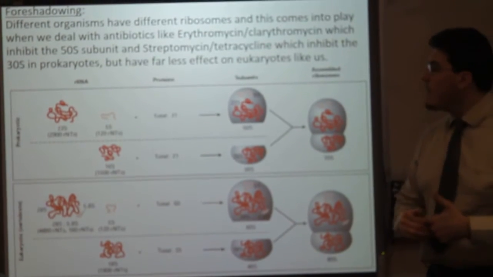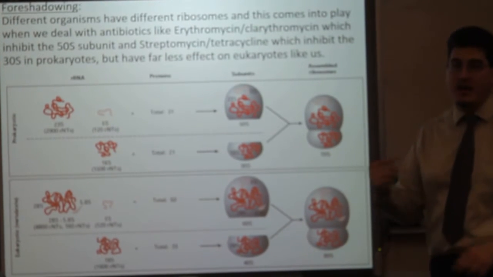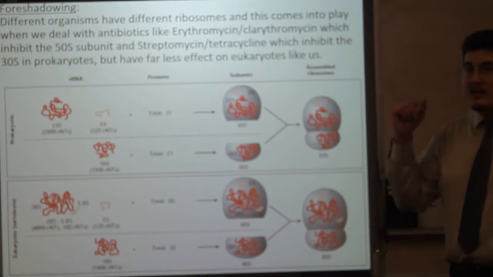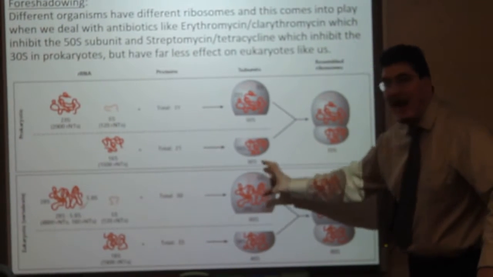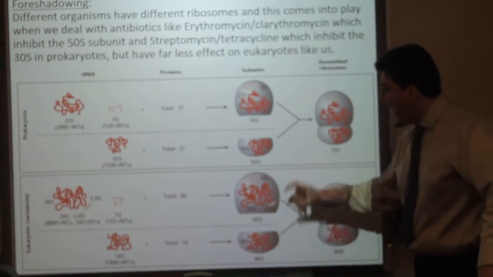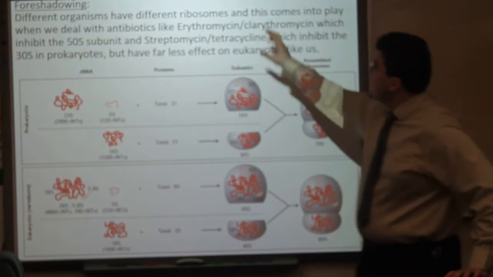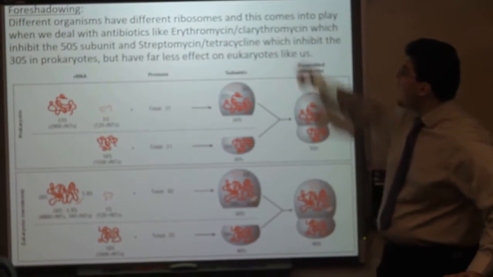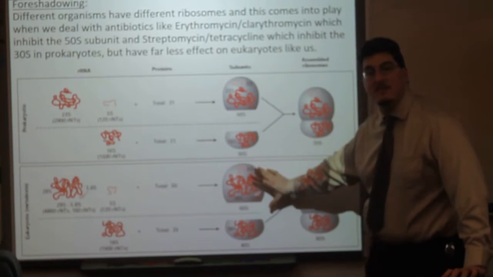These are small ribosomes compared to our 80S ribosomes in eukaryotic organisms. Eukaryotic cells have 80S ribosomes, which have a 60S large ribosomal subunit and a 40S small ribosomal subunit. So, erythromycin, which binds to this subunit, won't bind to this subunit.